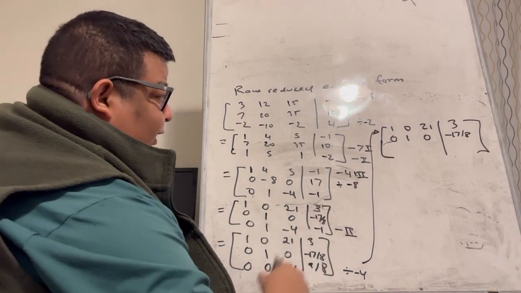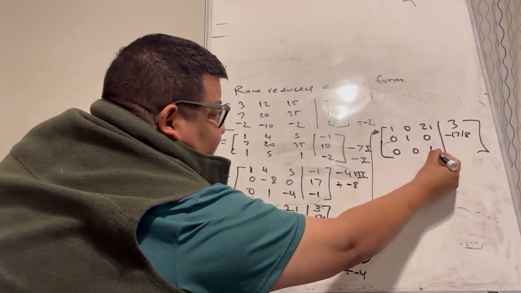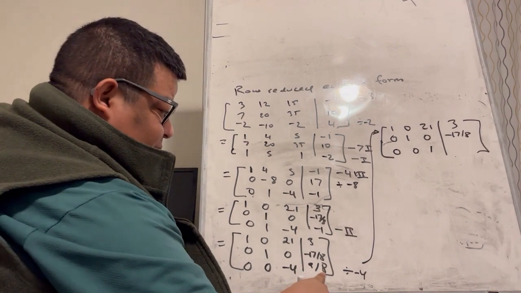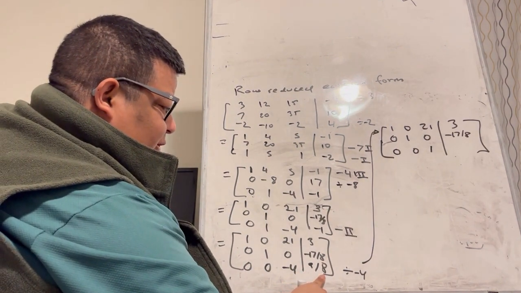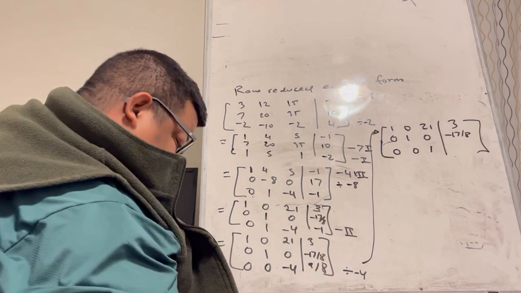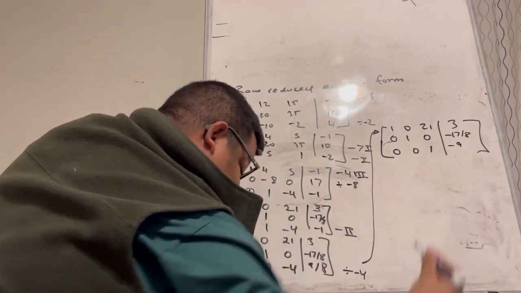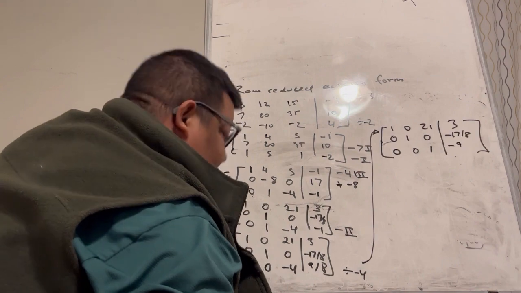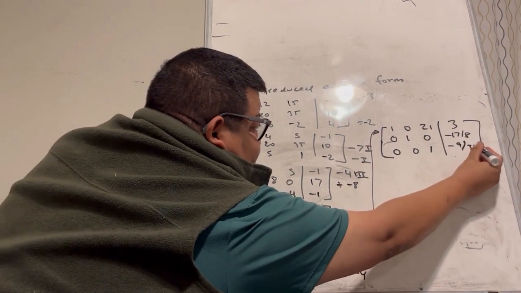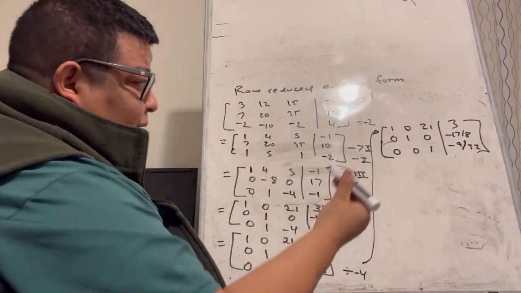And now we're dividing by -4, so it will be 0, 0, 1, and then 9/8 divided by -4. That gives you -9/32 if you do the math.